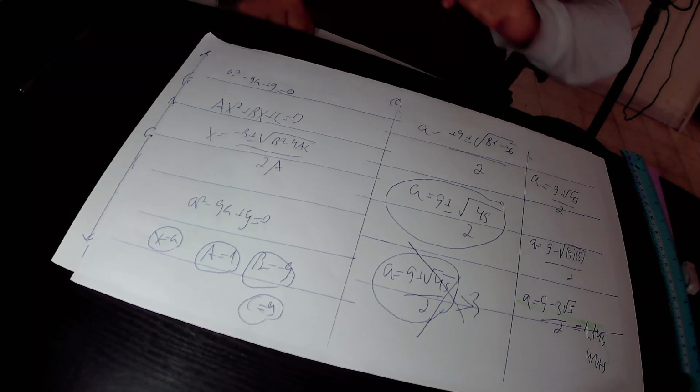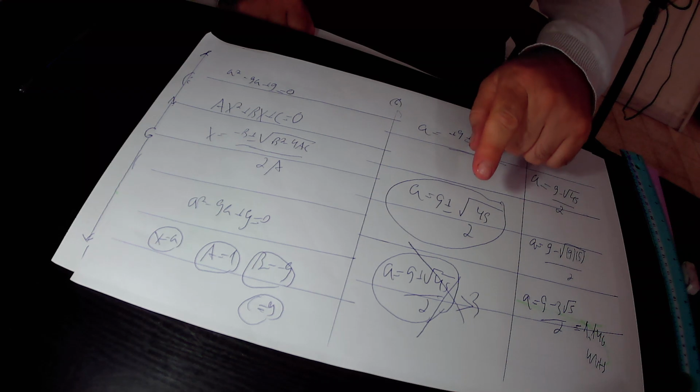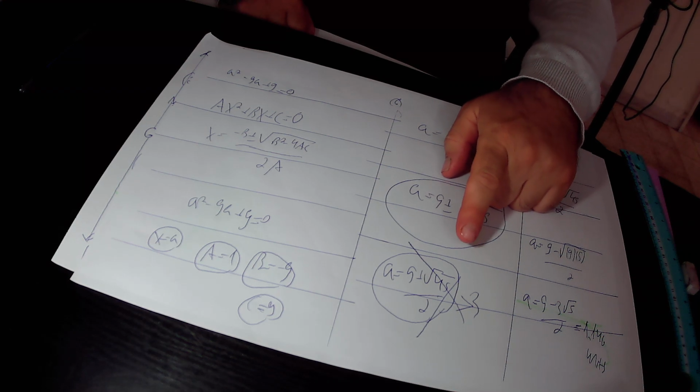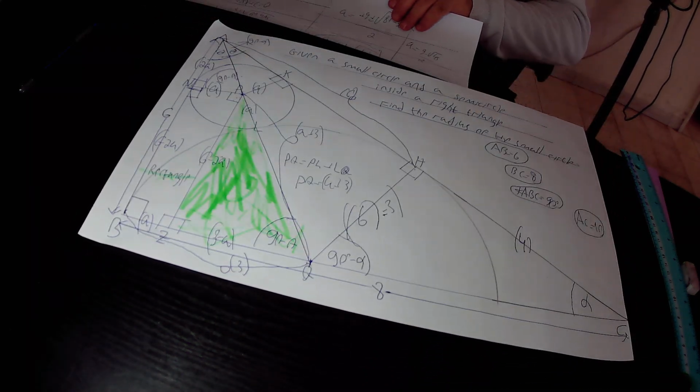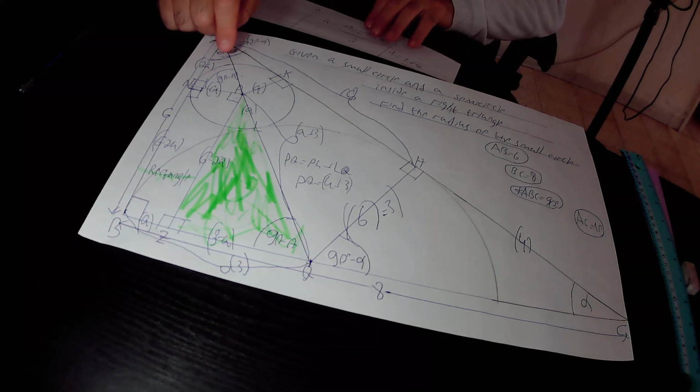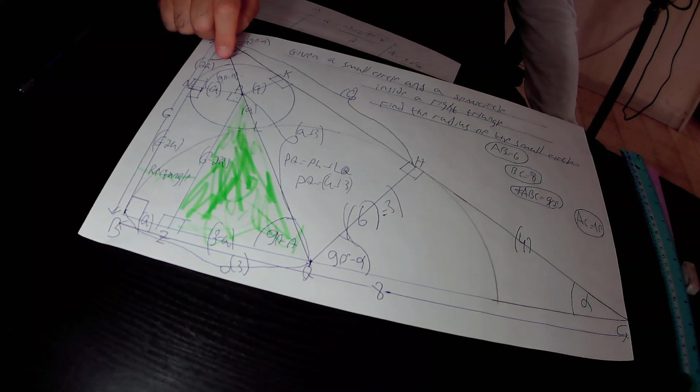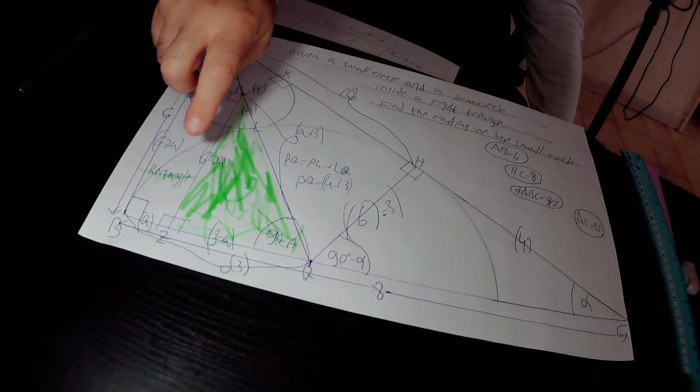So here we have two possible solutions for a. The first solution is that a equals 9 plus the square root of 45 over 2. That is greater than 3. So according to the first solution, the radius a of this small circle is greater than 3. But the radius of this small circle cannot be greater than 3. Why?